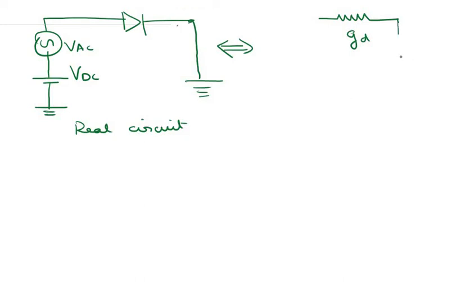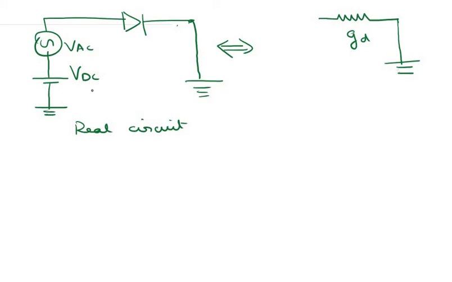And again, as I told earlier, the small signal or AC model does not give us any information about the DC component of the current. It relates the AC component of the voltage to the AC component of the current.